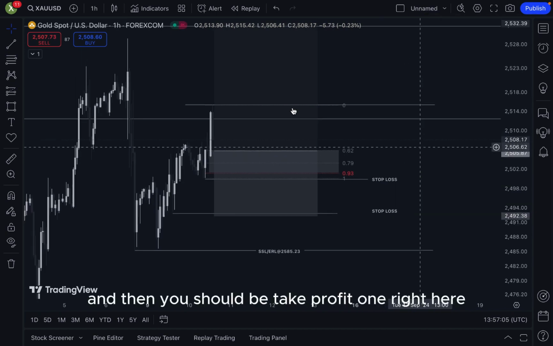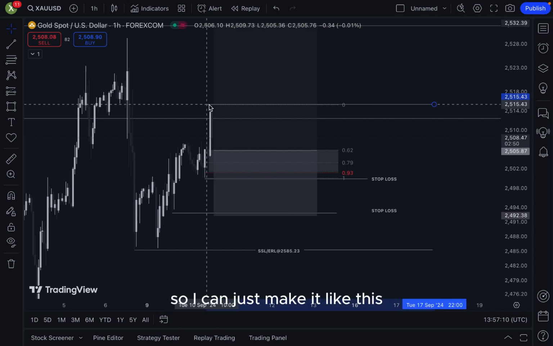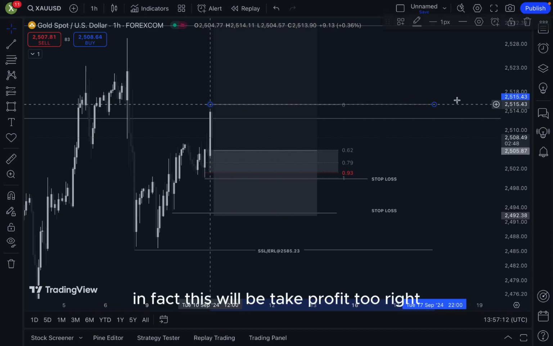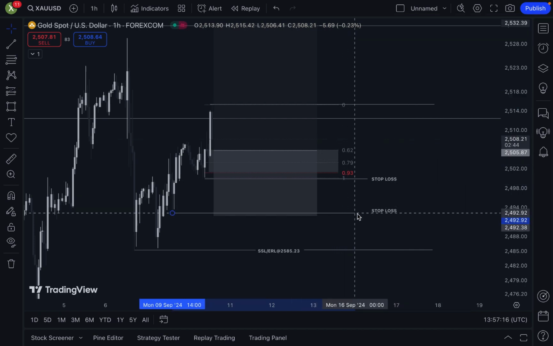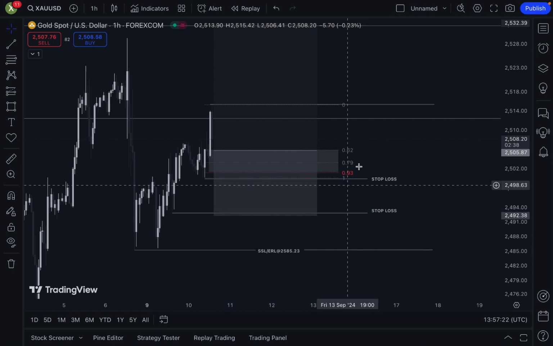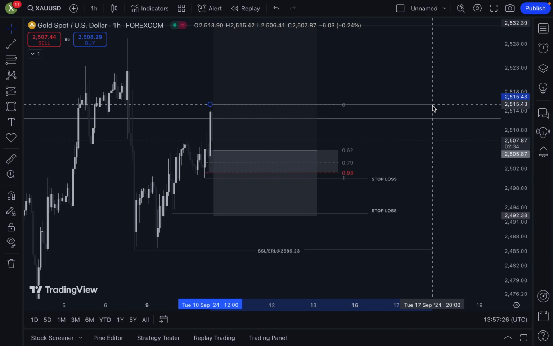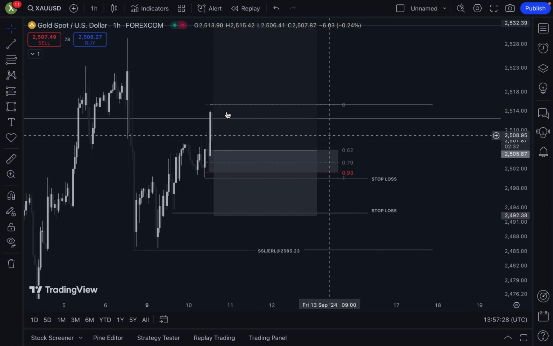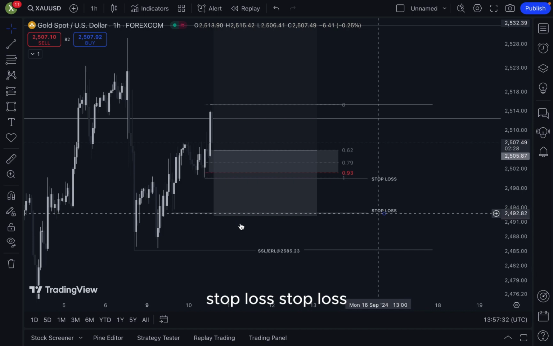And then this would be take profit 1 right here. In fact, this would be take profit 2, right? Because if you look here carefully, stop loss, stop loss.